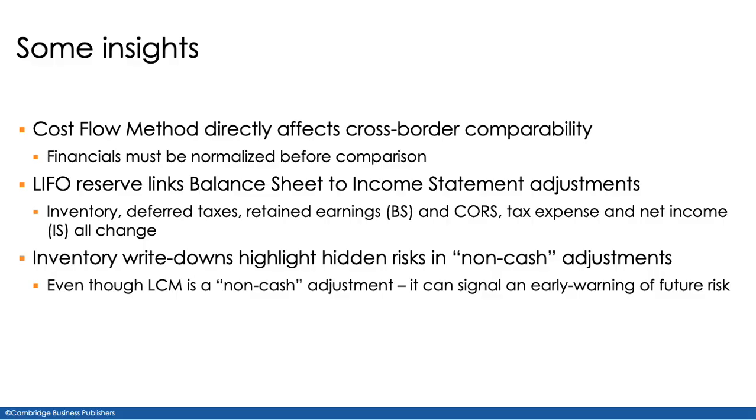In addition, the LIFO reserve is the link that shows how to make your balance sheet and income statement adjustments: inventory, deferred taxes, and retained earnings on the balance sheet, as well as cost of goods sold, tax expense, and net income on the income statement. All of those items will need to be adjusted.